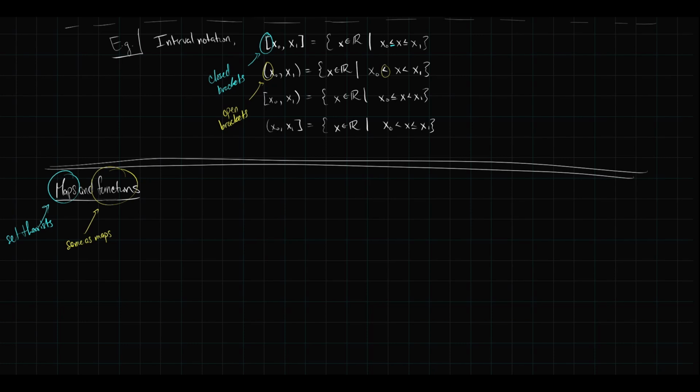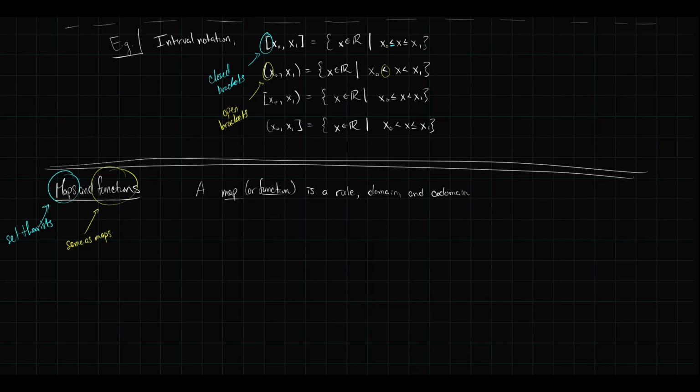Okay, to that end, what is a map or a function? A map or function is an assignment. It's a rule, technically. A rule, domain, and codomain.